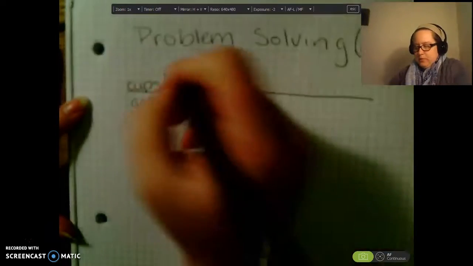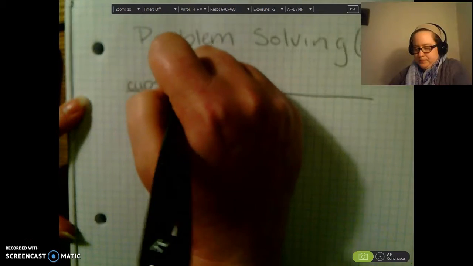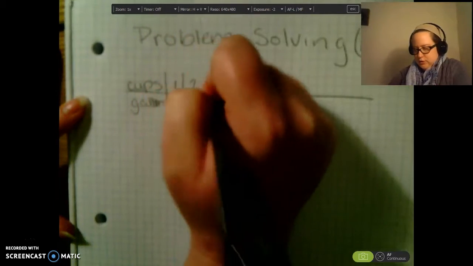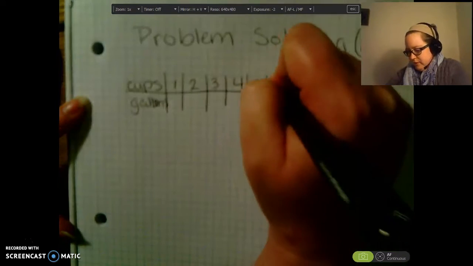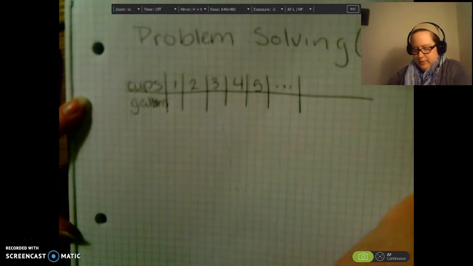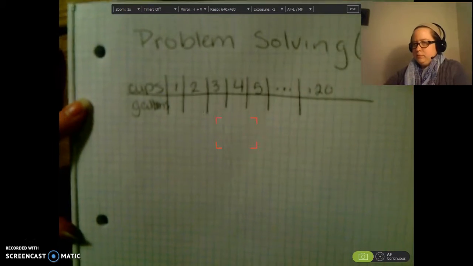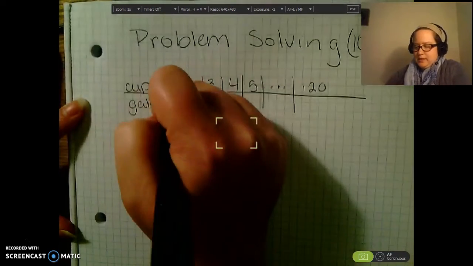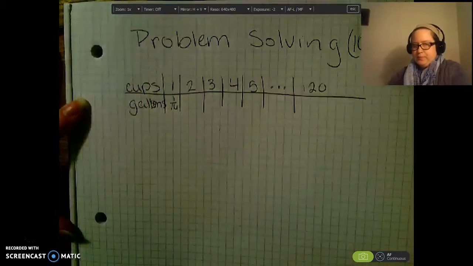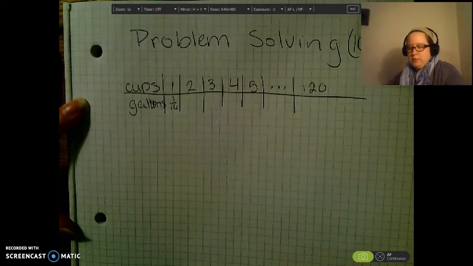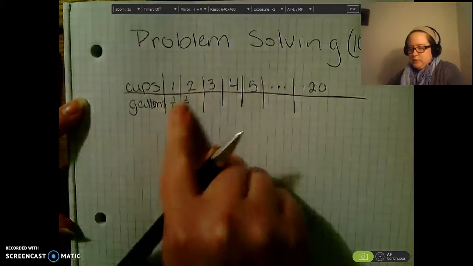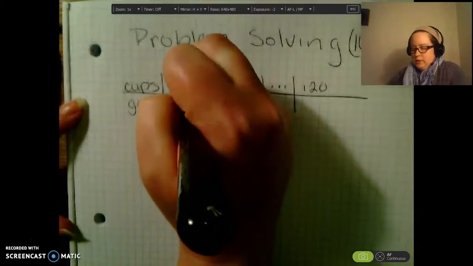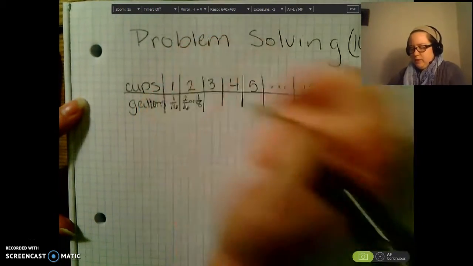So we're going to see that we have 1 cup, 2 cups, 3 cups, 4 cups, 5 cups. Then we're going to see if we can find a pattern and go to the 120. So we said this was 1/16 gallon, which means that 2 cups is 2/16, because 2 times 1/16 is 2/16, or simplified, 1/8.